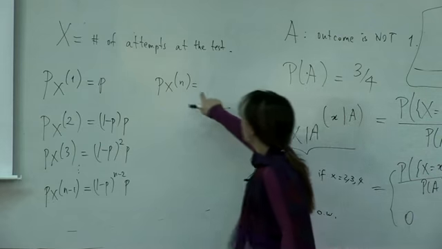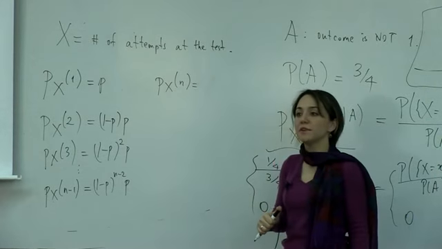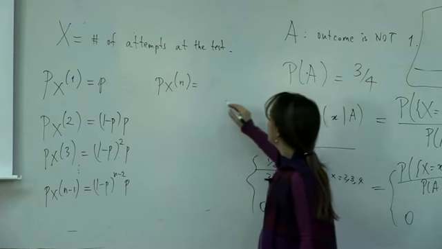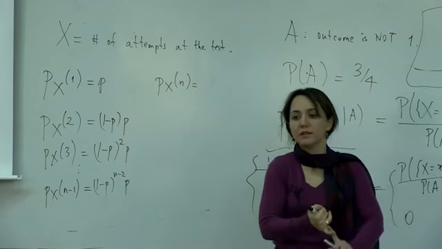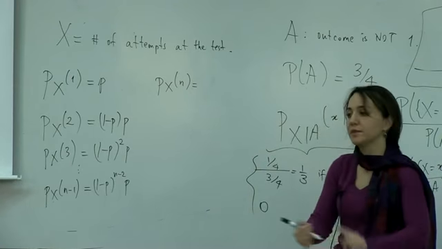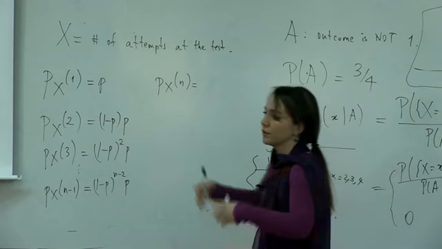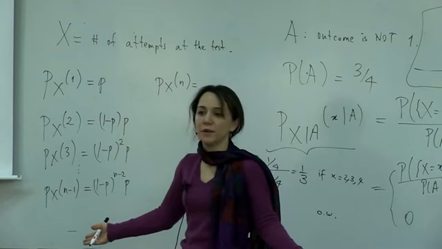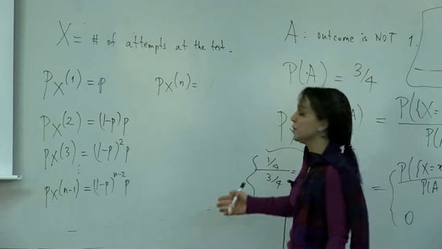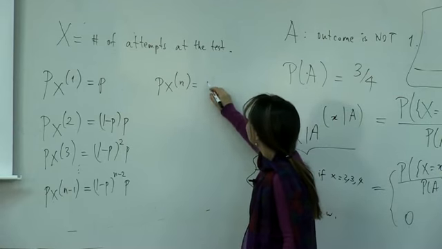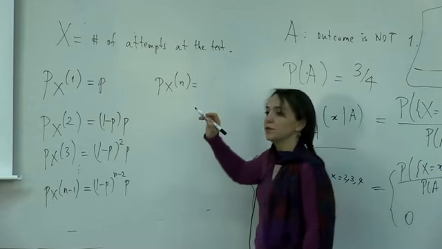So the probability that he stops after n trials is the probability of winning on the nth attempt plus the probability of not winning at all, not getting the license at all. So, what is the probability of this?